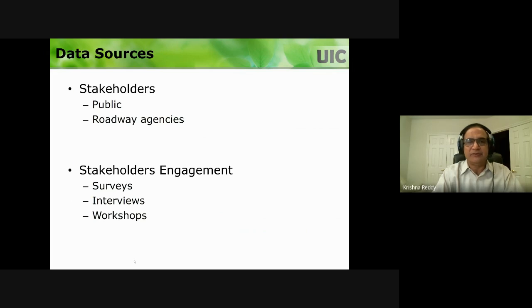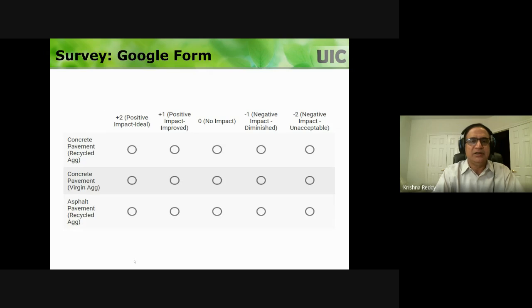So, comfort of the road, what do you think it's going to be? You do surveys and interviews and workshops. And what we generally do is create a Google survey or interviews or questionnaire, and we go to the affected people, and we ask them to give a rating. For example, 0 is no impact, +1 is positive, +2 is very positive, -1 is negative, -2 is very negative.